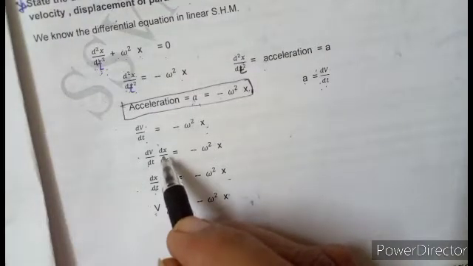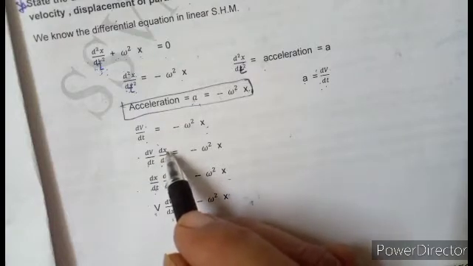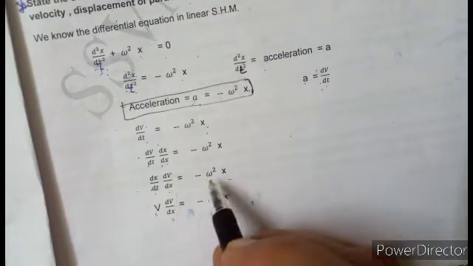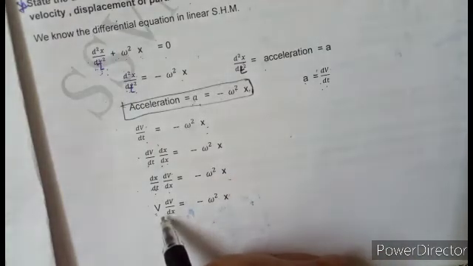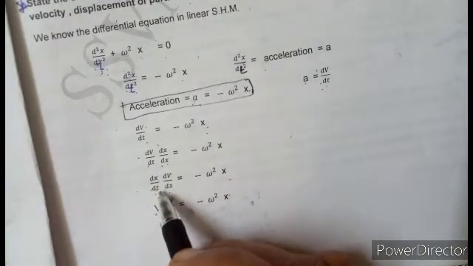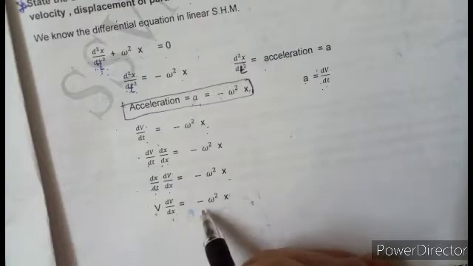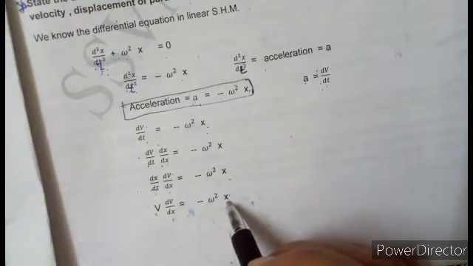Now we interchange the position of dv and dx, so dx first and dv afterward. So dx by dt into dv by dx is equal to minus omega square x. But dx by dt is nothing but velocity. So v into dv by dx is equal to minus omega square x.